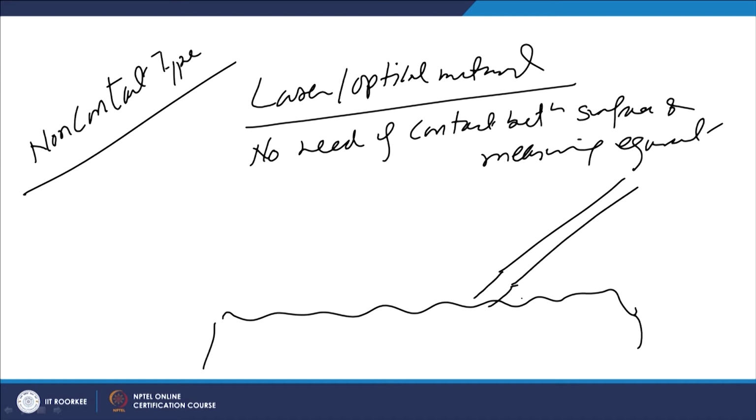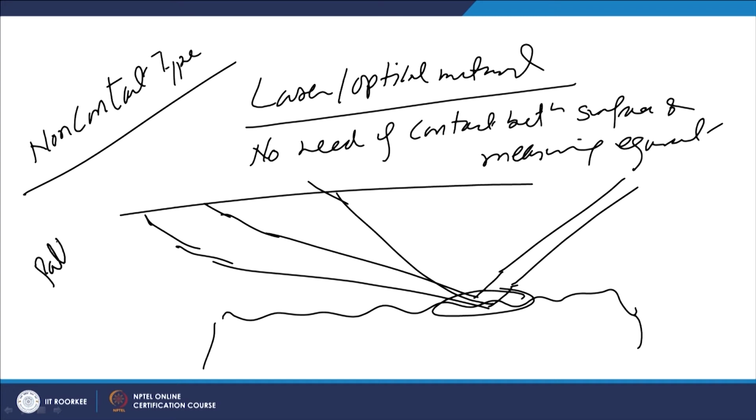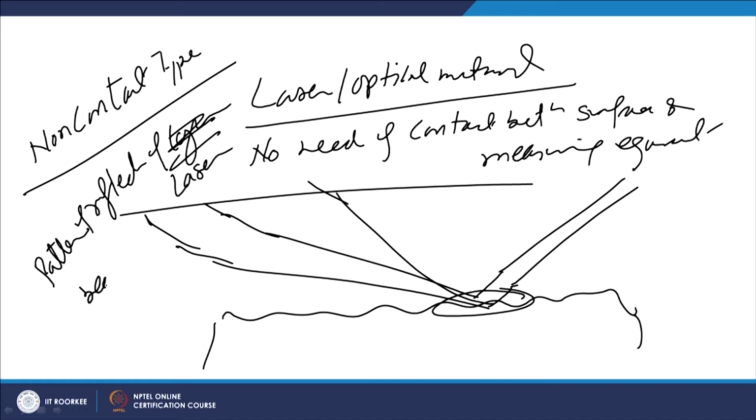Based on the kind of ups and downs present at the surface, the laser will be reflected in different directions, and this pattern of reflection of the laser beam is analyzed to quantify the surface roughness value.